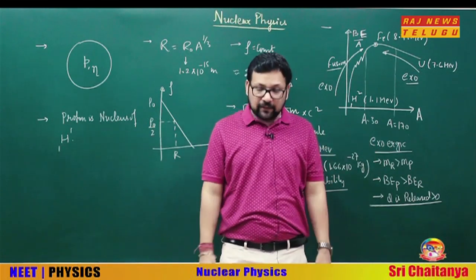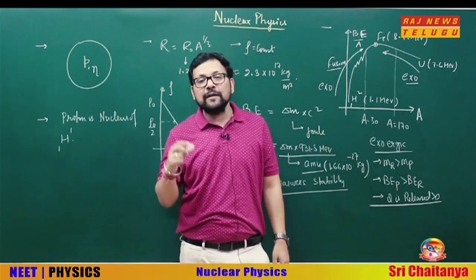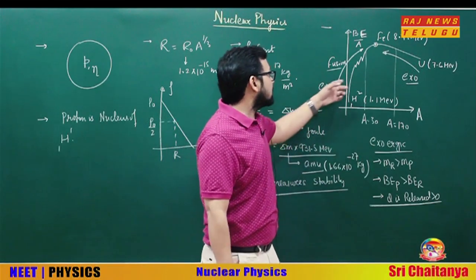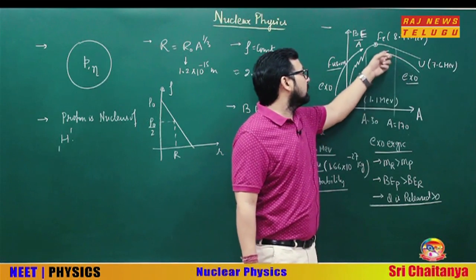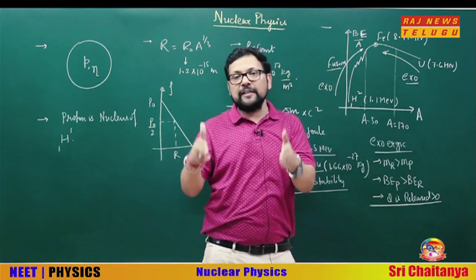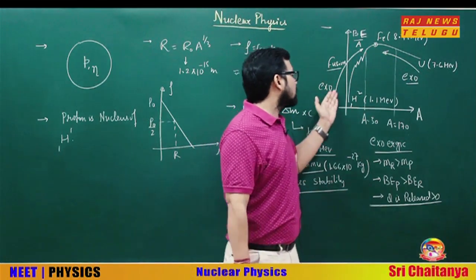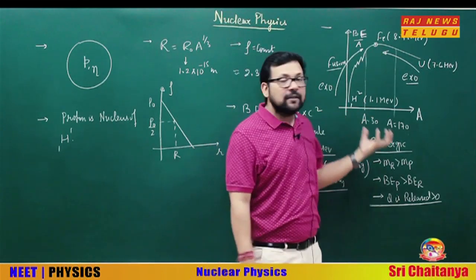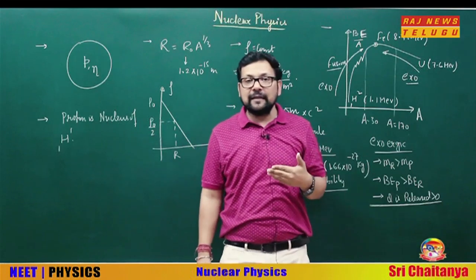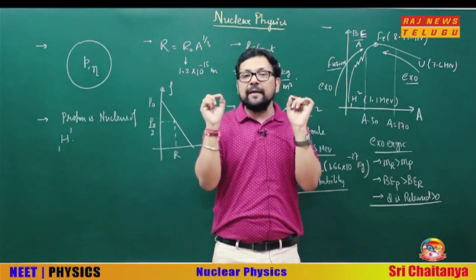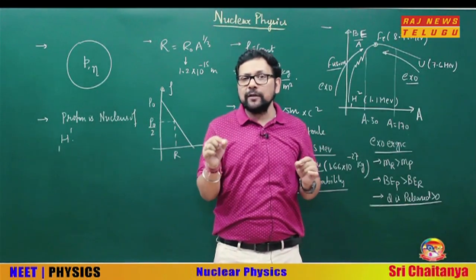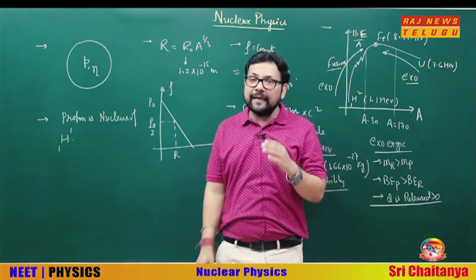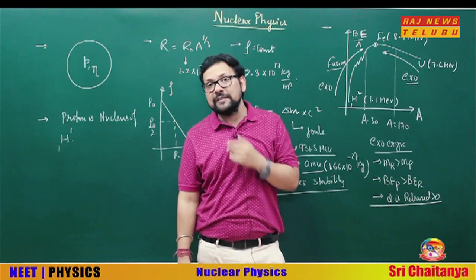Now, these are going into a stable, practically constant range. We were discussing that binding energy is not exactly constant, but it's practically constant for A equal to 30 to A equal to 170.